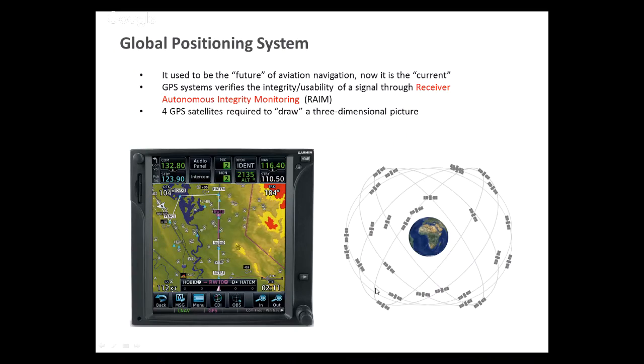And navigating by GPS, there's really not much to talk about because it's just extremely easy, right? You don't have to choose radials. You don't have to choose to or from. You don't have to choose a course line.